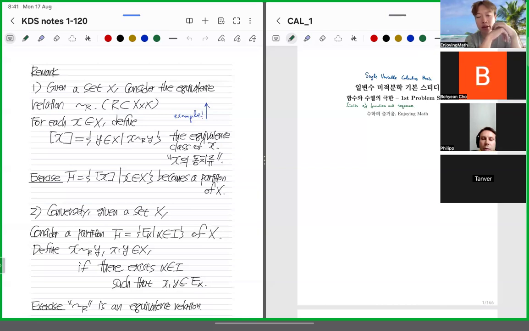Maybe I could say, okay, yeah. So we have to show that the collection of the equivalence classes forms a partition. So in that case, as we know from the definition of a partition, the elements of the collection have to be non-empty, which by default we know every class is here.